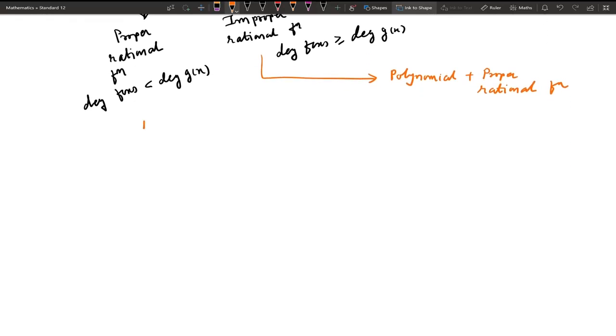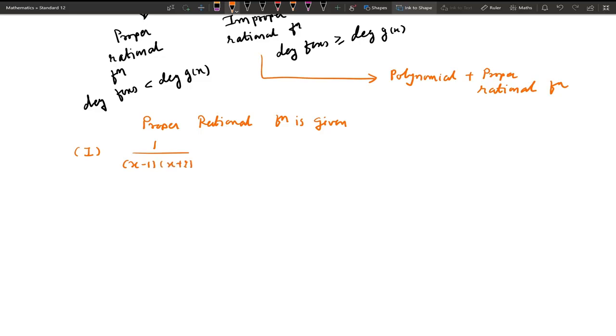Suppose a proper rational function is given. Now factorize the denominator. There are three main types. In type 1, suppose we take an expression of the form 1 upon x minus 1 times x plus 2.